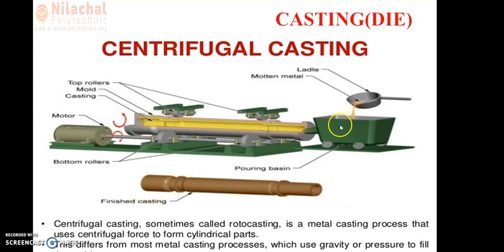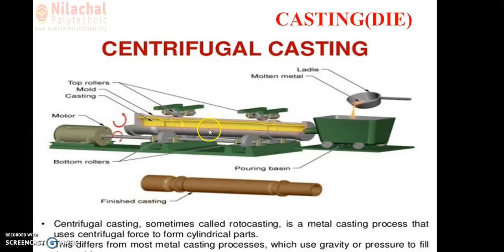In this ladle we pour the molten metal, and we have a motor which can rotate the whole mold about its periphery. So during this rotation of the mold, the molten metal is poured into it.